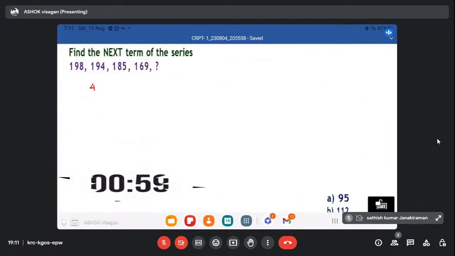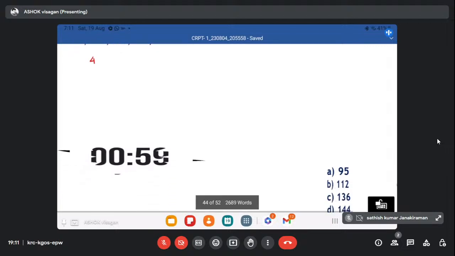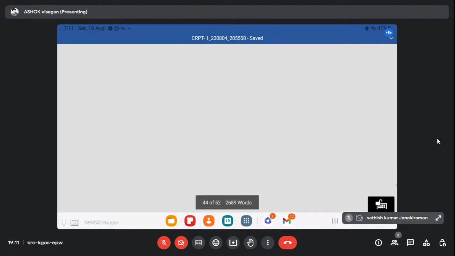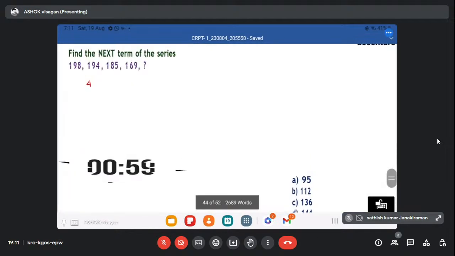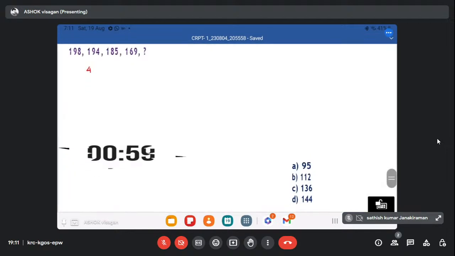So just take this one, then asking what is the next number. What can be the next number in the given series? We need to find out the next number. Any guess?